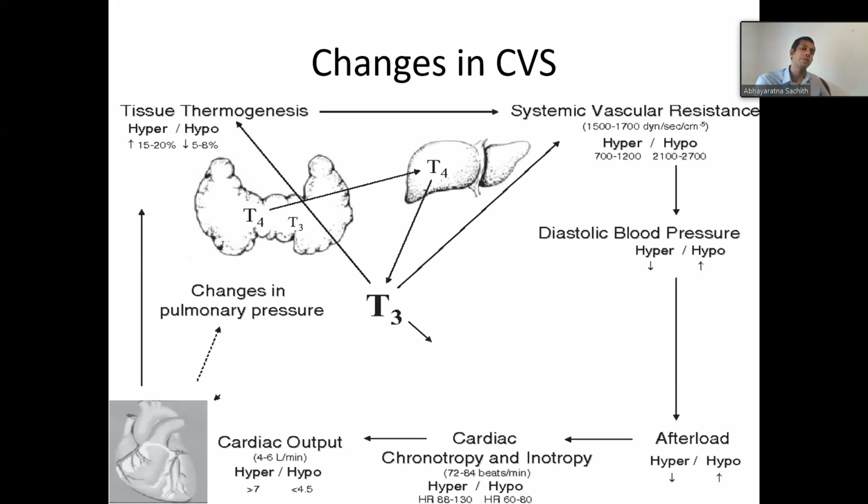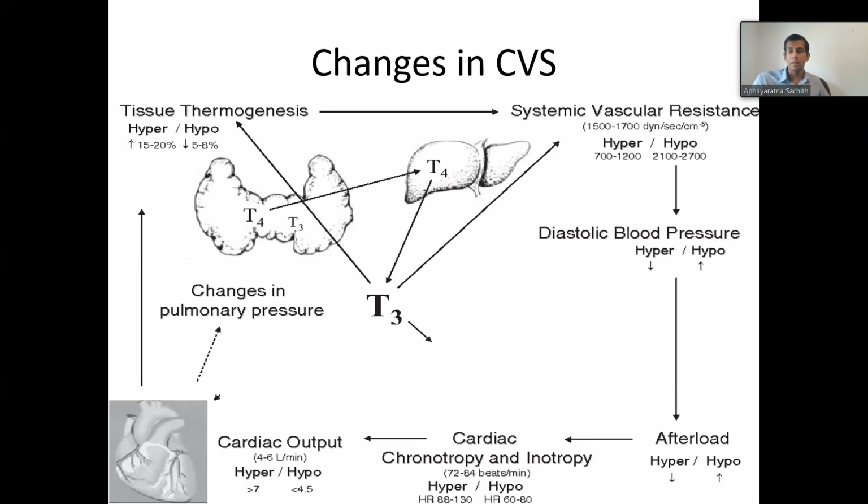There will be changes in the blood pressure. The thyroxine hormone increases the heart rate and the basal metabolic rate. It increases the cardiac chronotropic and inotropic effects. Therefore, the pulse rate will be high in these patients, the cardiac output will be high, and the systolic blood pressure can also be high.